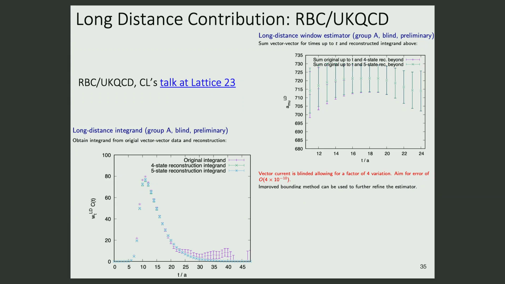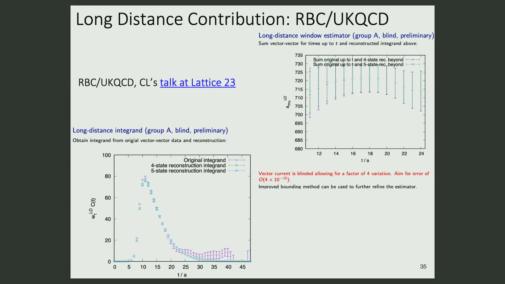At longer distances, you switch over to the reconstructed correlator where it's more accurate. And this just shows the result as a function of that time where you switch over between one and the other. And you can see it's quite robust. It doesn't really matter within some region where you do the switchover point.